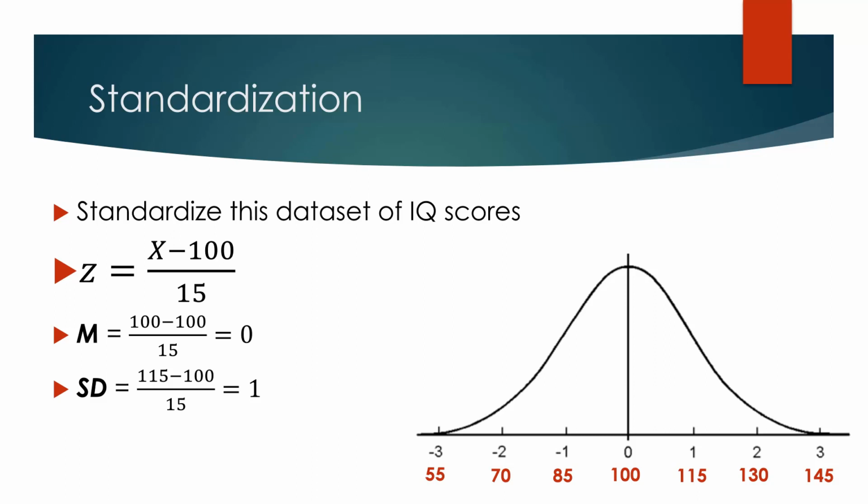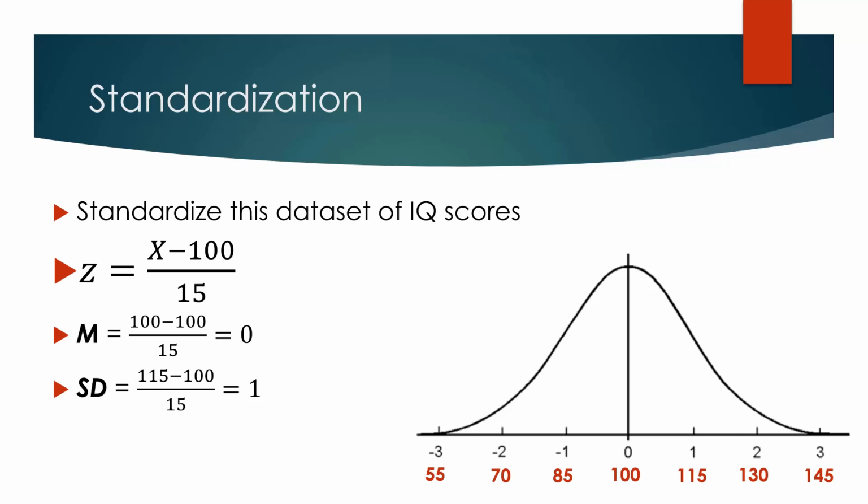So that's how we make the mean equal 0. Now take 115 minus the mean, 100, and you get 15. 15 divided by 15 is 1. So that's how we go from having a standard deviation of 15 to now having a standard deviation of 1.